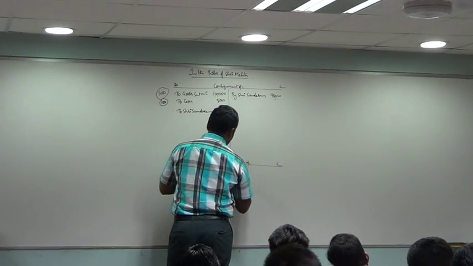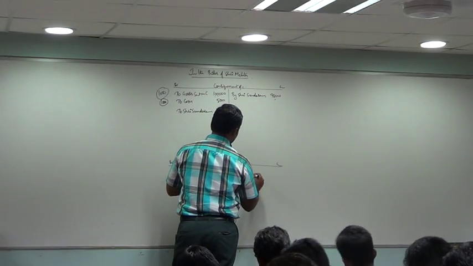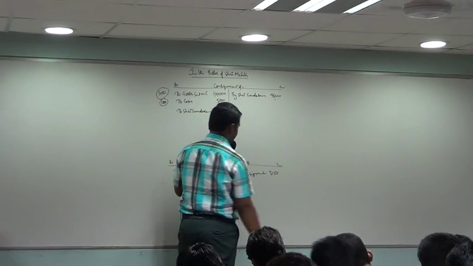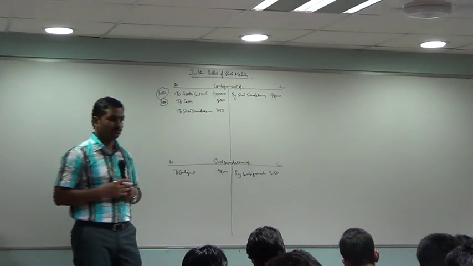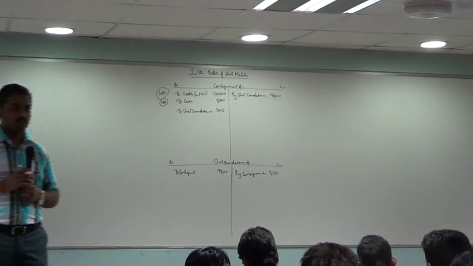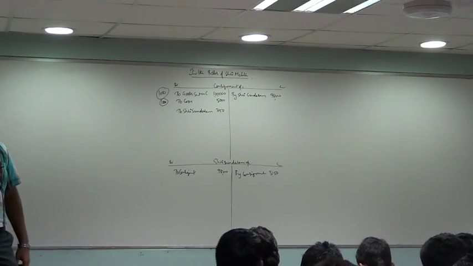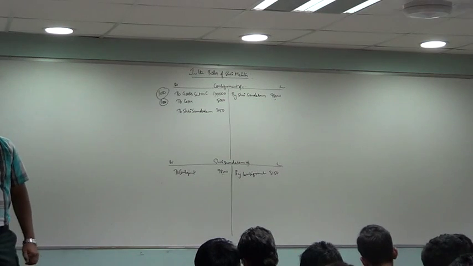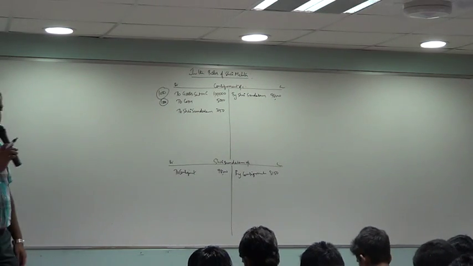Sri Sundaram account will be credited by consignment, 3150. Is it clear? Next.